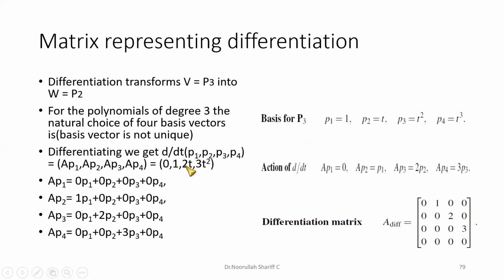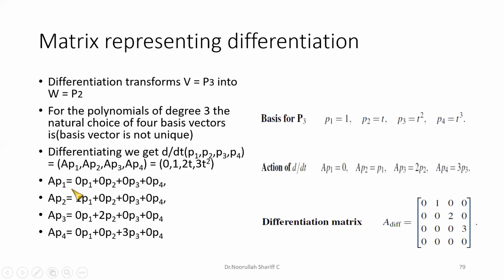AP3 is 2t, and t is P2, so therefore AP3 will be 2 into P2. Similarly, AP4 here is 3t square, and P3 is t squared, so therefore AP4 will be 3P3, and that's what is mentioned over here.